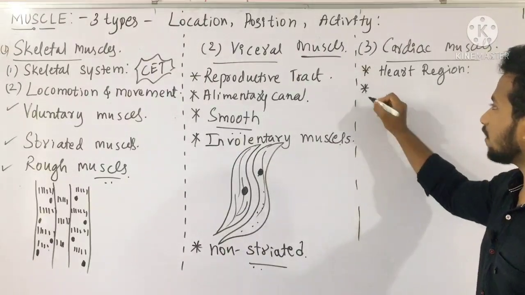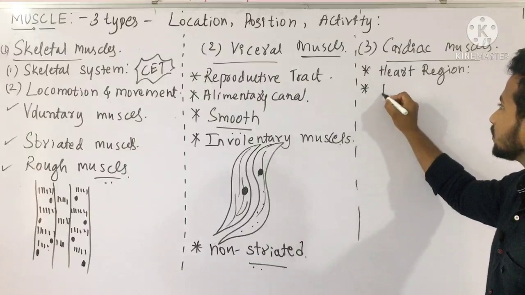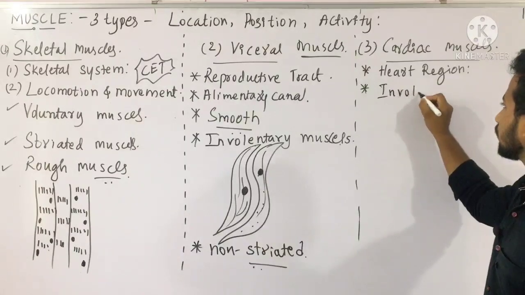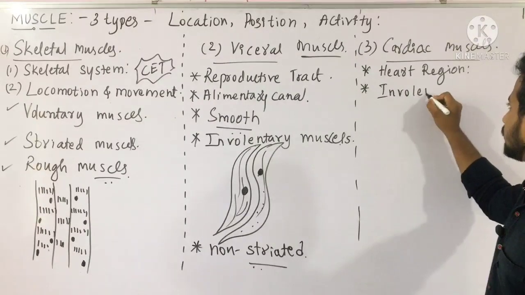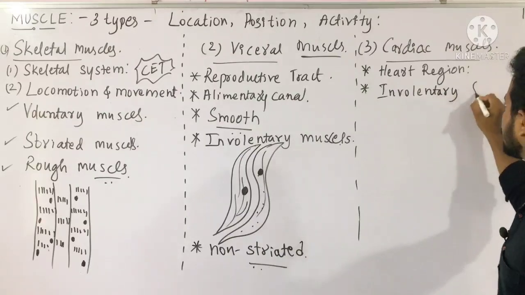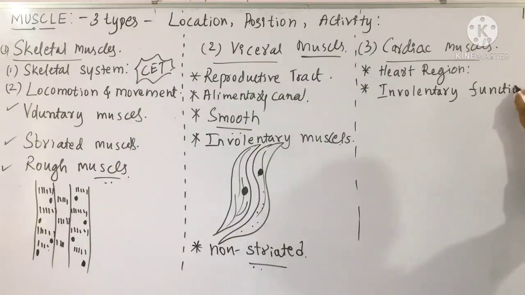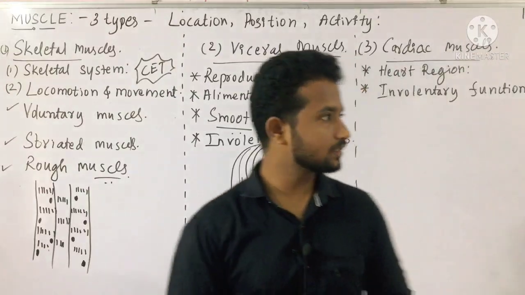Of course, we cannot control the movement of cardiac muscles, so they are involuntary in their function. We cannot control the movement of these structures.